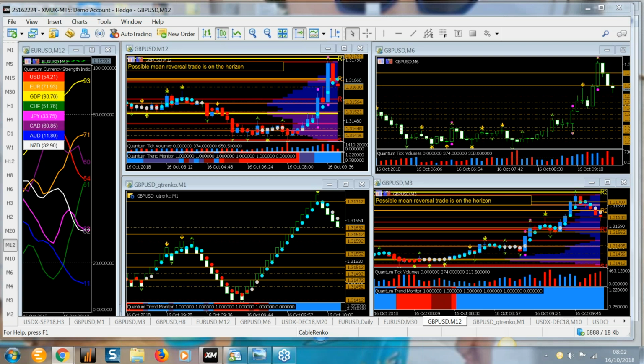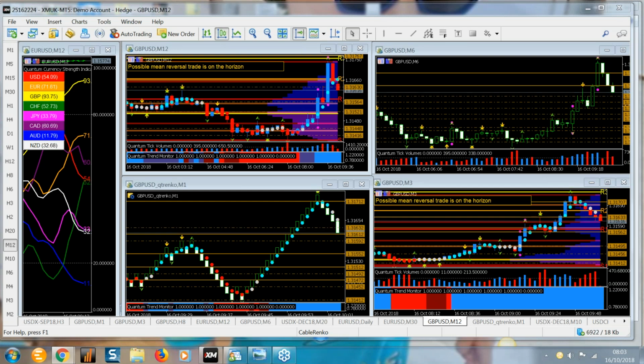And of course, with the Renko indicator we developed both for MT4, MT5, and also for NinjaTrader, you have two options. You can either pre-select the brick size to the one that you want. In other words, you say, well, I want to trade a 2 pip or 3 pip or 4 pip, whatever it may be. Or alternatively, you allow the indicator to deliver the optimal setting for that particular currency pair at that particular time of day in that session. And of course, that changes all the time.